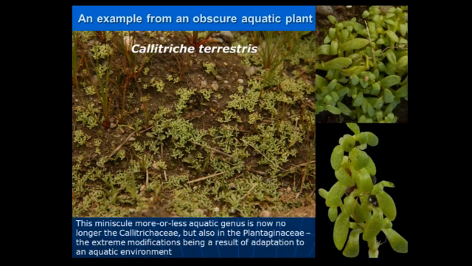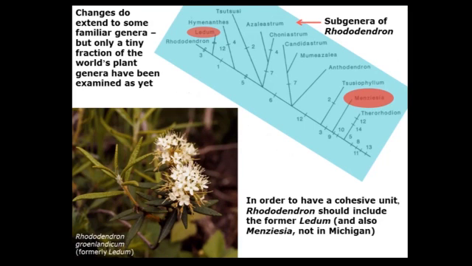We used to put this in the Callitrichaceae, but it turns out it nests right into the plantains, and these extreme differences, and remember, plants are very prone to this because plants are very plastic, these extreme differences are the result of adaptation to an aquatic or semi-aquatic environment.